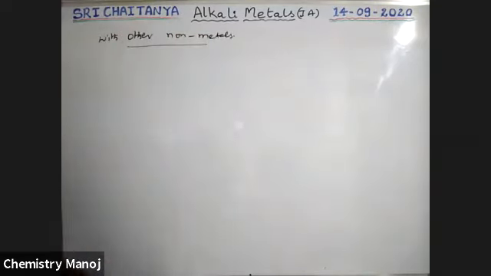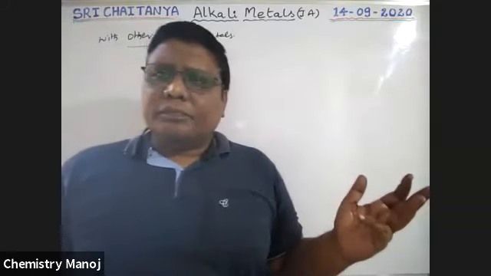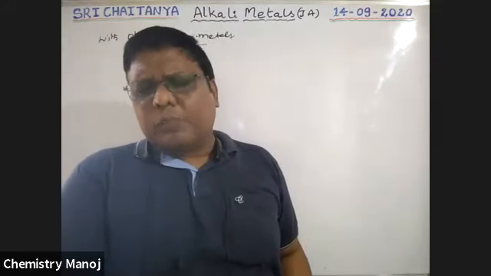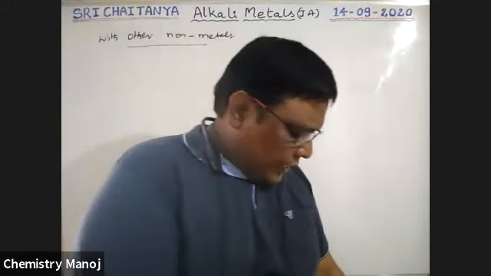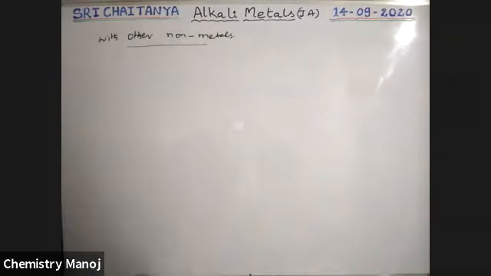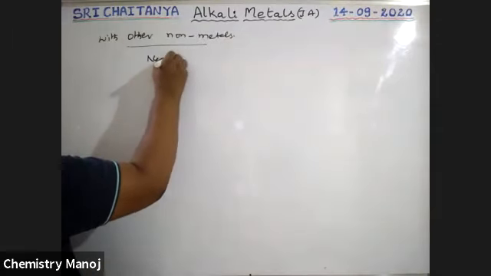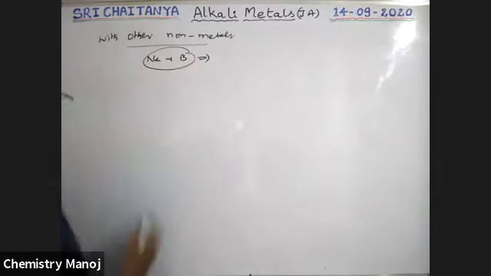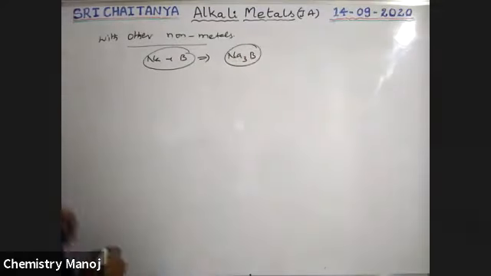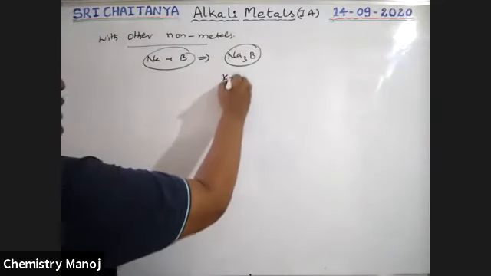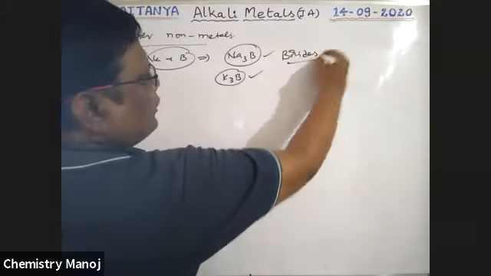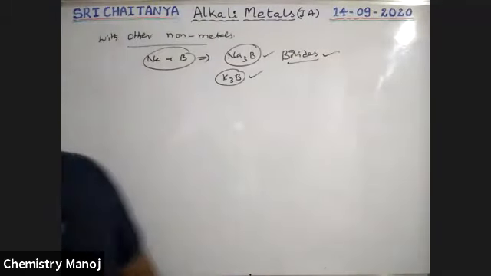Hydrogen is a non-metal. Now I am taking alkali metals with boron. So sodium with boron gives Na3B, sodium boride, as the product. Like that, K3B is also possible. Borides are the products.